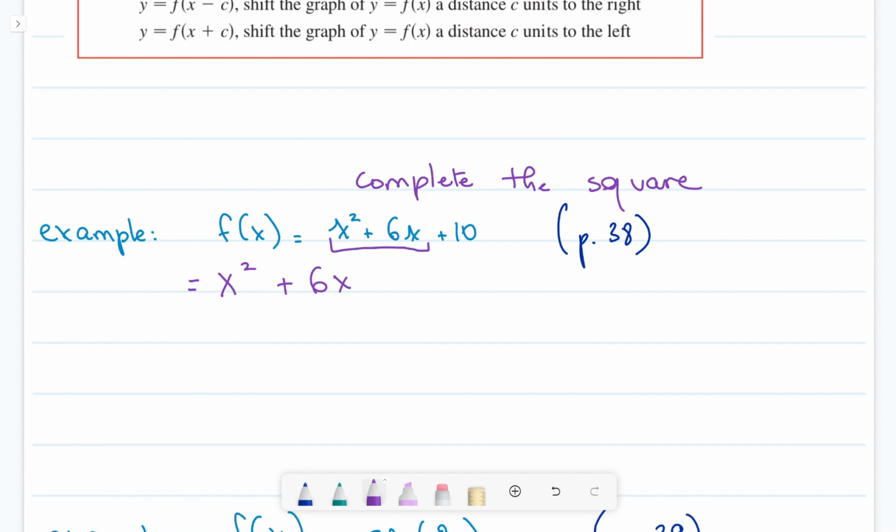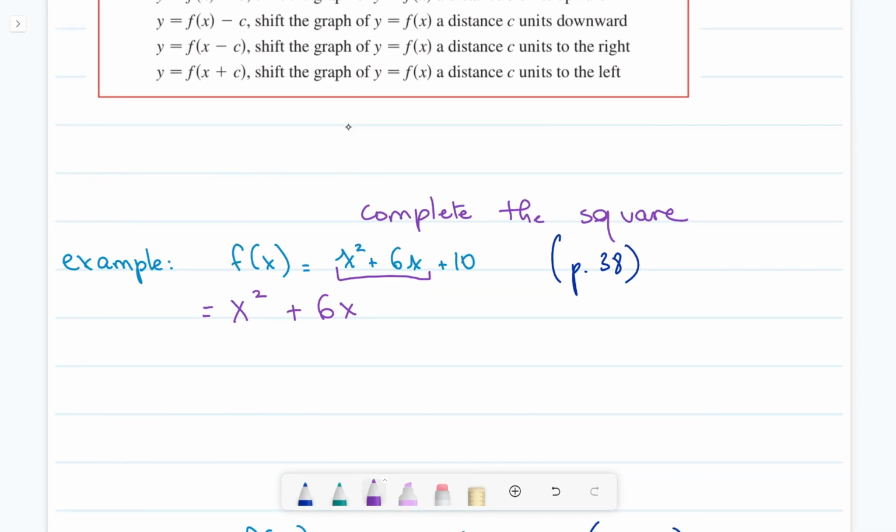Here, you know a quadratic is a squared plus 2ab plus b squared. So x is a, and 2ab is 6x. We divide both of these by 2, so ab is 3x.